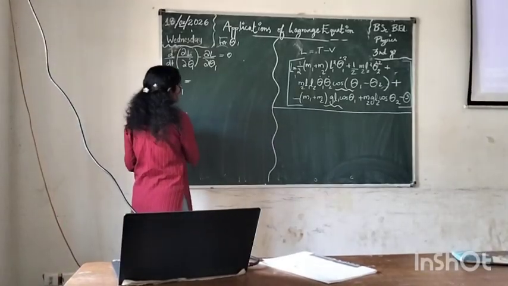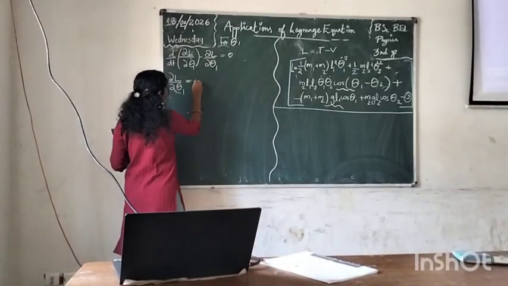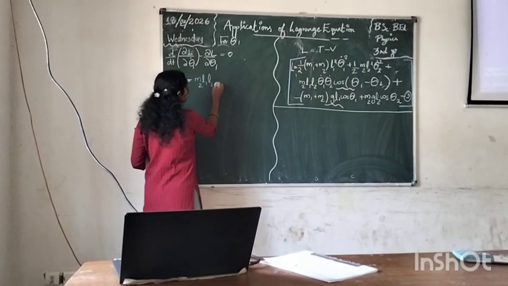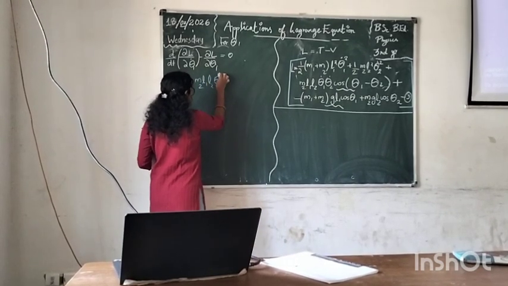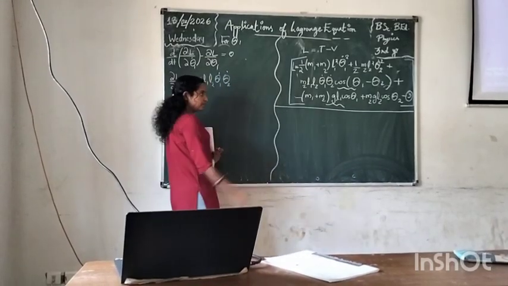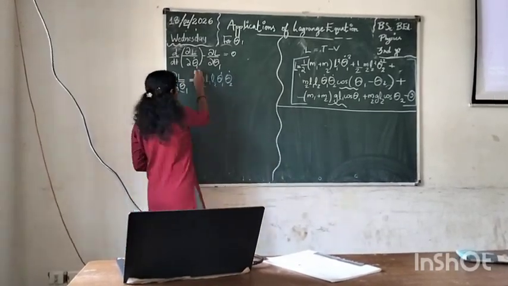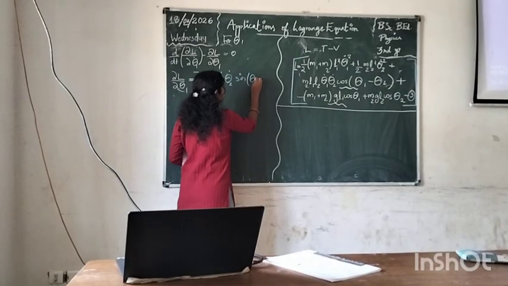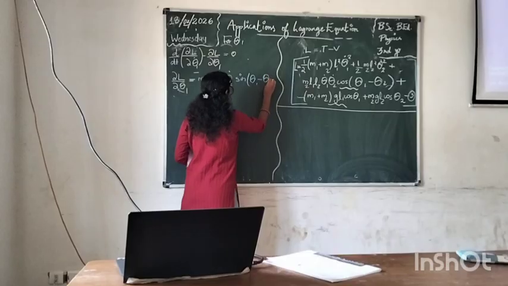It will be m2 L1 L2 theta 1 dot theta 2 dot, and the derivative of cos is minus sin(theta 1 minus theta 2).